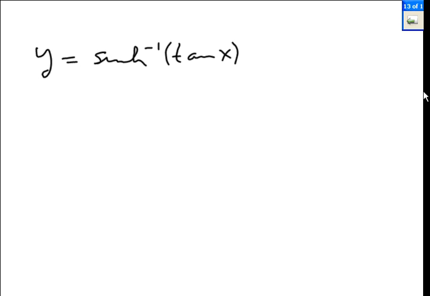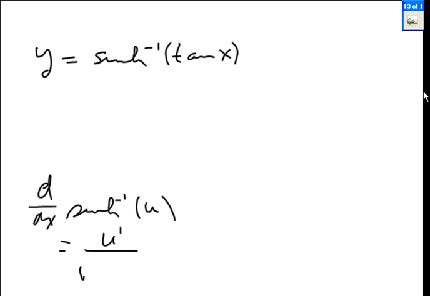Well, you need to know the derivative of a hyperbolic sine inverse of anything. You need to know what that is. It's going to be u prime over the square root of u squared plus 1. That's what it is, right?